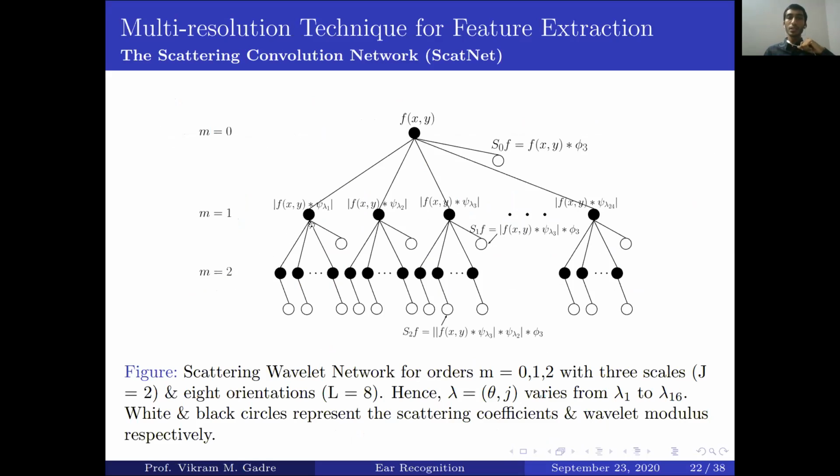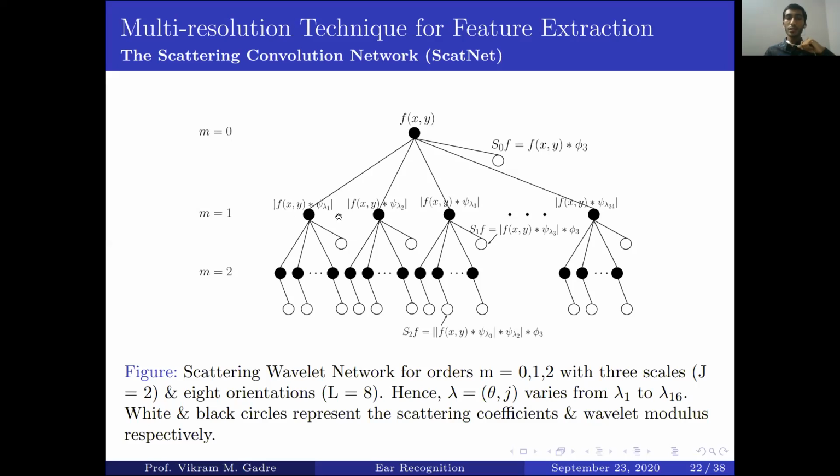We can see that the figure shows a two-layer network. At layer 1, we have the image f of x comma y, where x and y are the coordinates. So it is a two-dimensional signal, and we convolve it with wavelets of different scales and orientations. So we get the layer 1 representations.